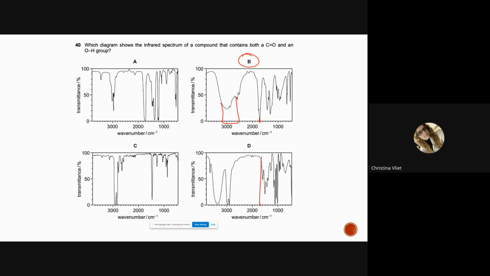There's stuff at 1,500, so although the alcohol's there, the C double bond O is missing. Here, you've got the C double bond O, and this is the 2,500 to 3,000 from the carboxylic acid. So it's OH when it's part of a carboxylic acid. So definitely be here. Got it?